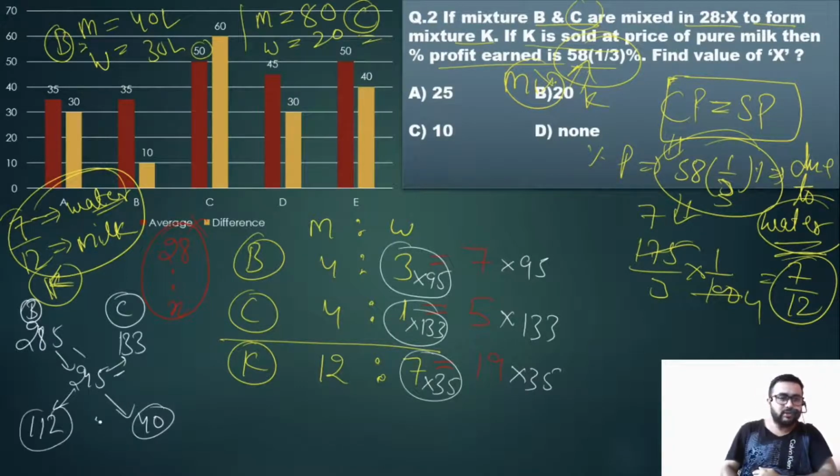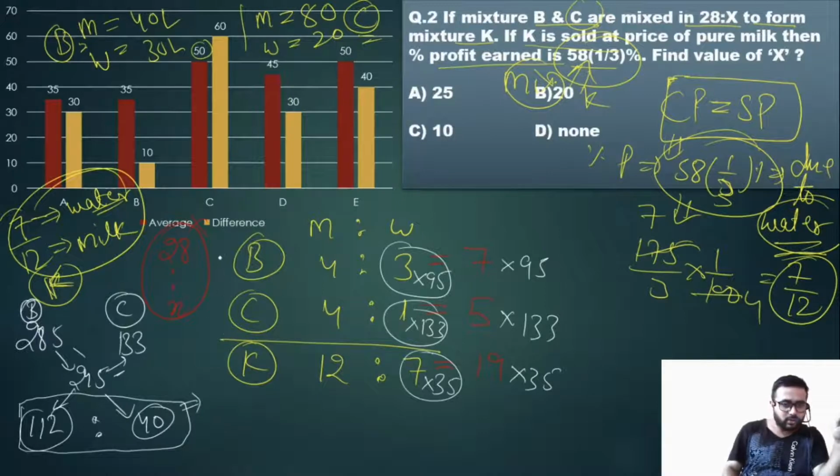And this one is the ratio of quantity. I have already told you in the mixture and alligation class that if you apply alligation, you will get the ratio of quantities. What will this ratio be? This can be cut by 4.